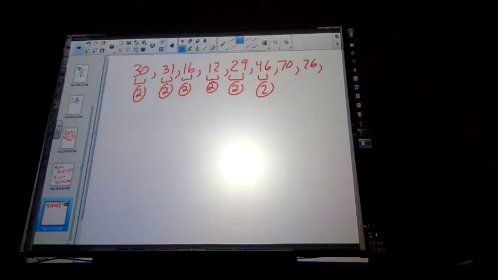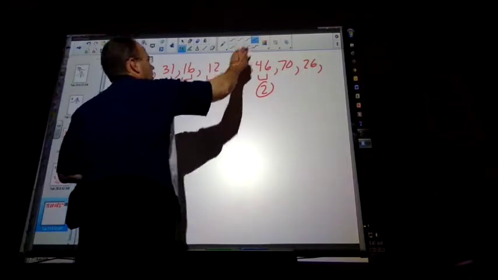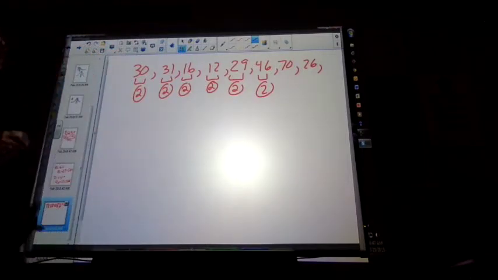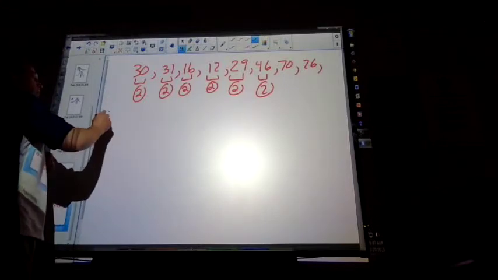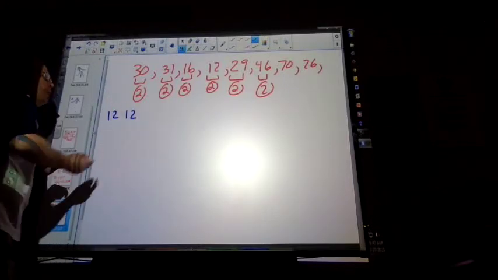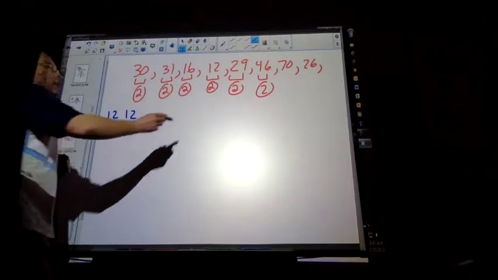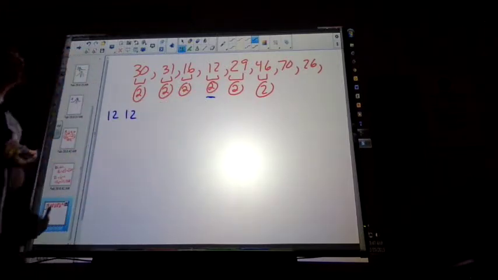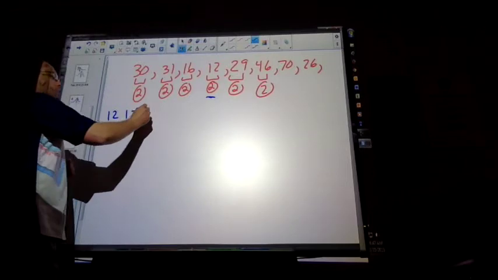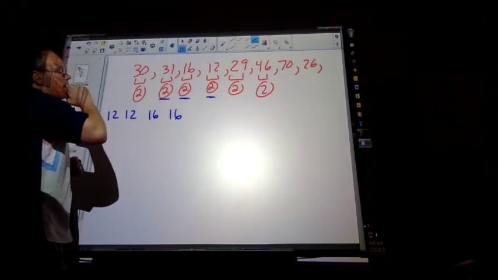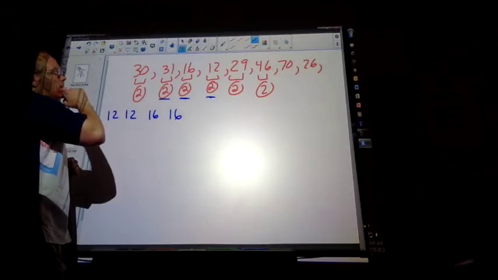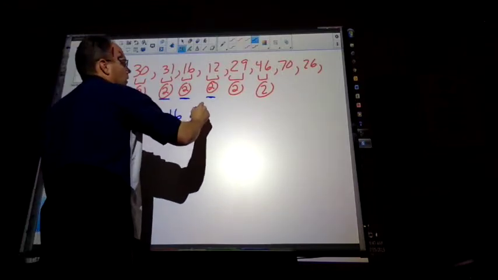So first thing when we take our data, we need to list it from least to greatest. So what's my least temperature up there? 12. And how many do I have? 2. Still with me? Then what's my next least temperature? How many times? 2. Then what? 26. That's a once.